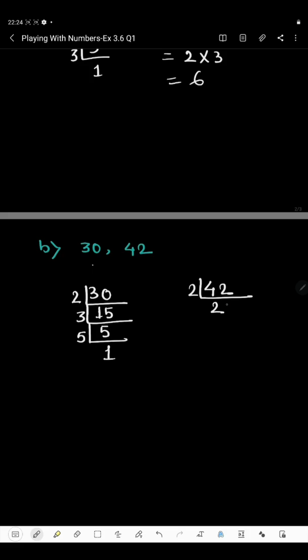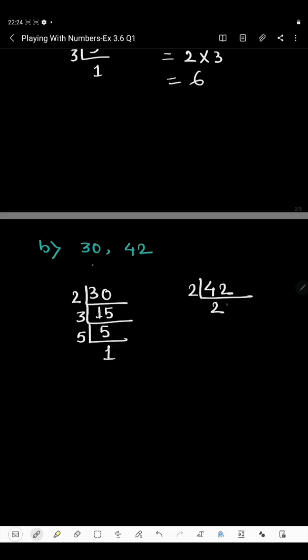So we have 2 and 3. The HCF of 30 and 42, as the last step, will be the product of the common factors. From the 2s we take one 2, and from the 3s we take one 3, so the product of these will be 6. So the answer of the second part is 6.